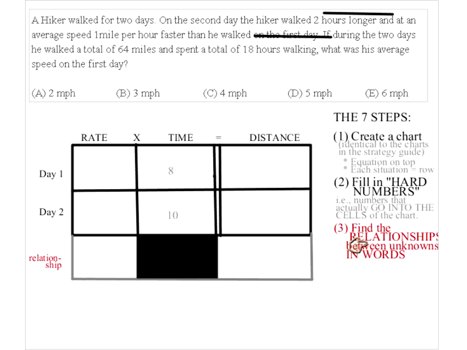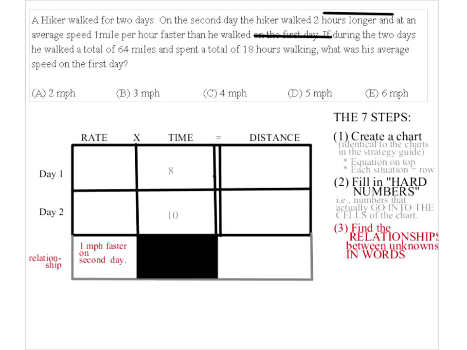The whole point of this is that you really don't want to define variables yet. Because if you do, you're going to wind up with a variable over here and a second variable over here, and then you're going to thrash around having to eliminate variables. Remember that the thing you absolutely do not want is to have to eliminate a second variable. So we want words. So second day is 1 mile per hour faster on the second day.